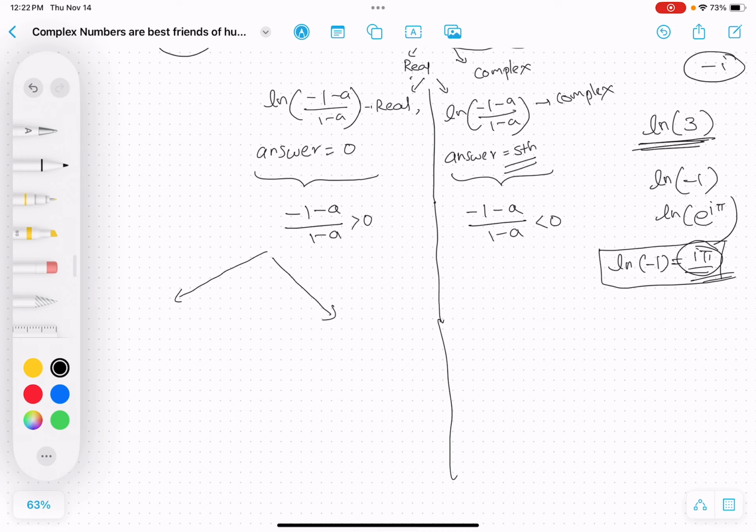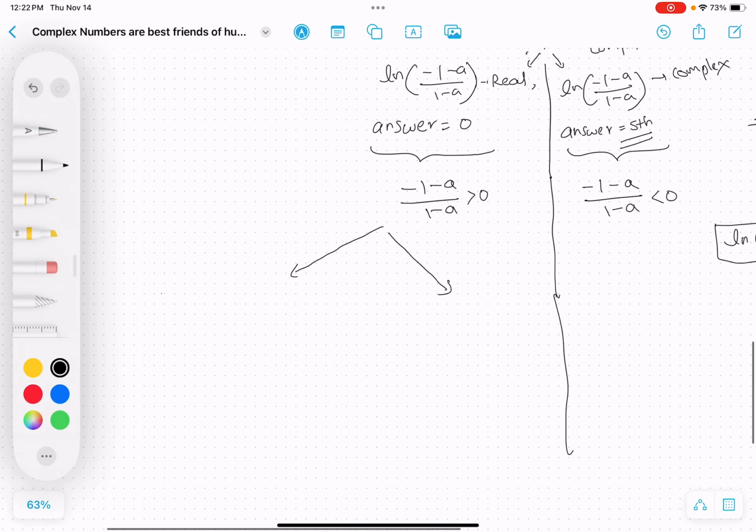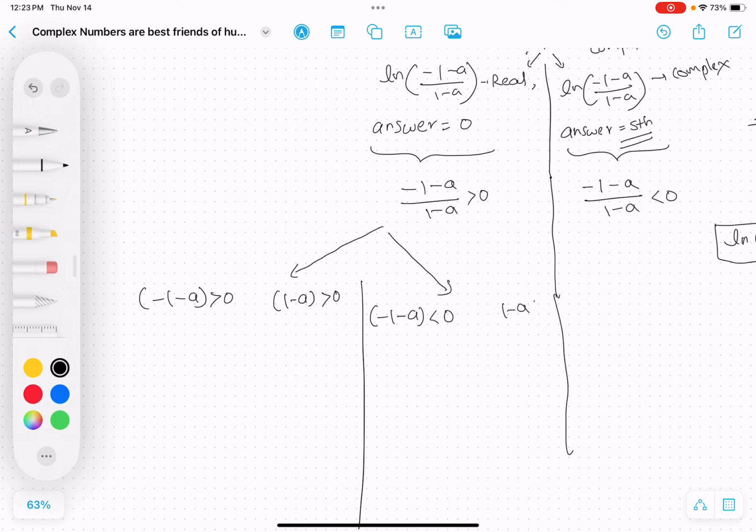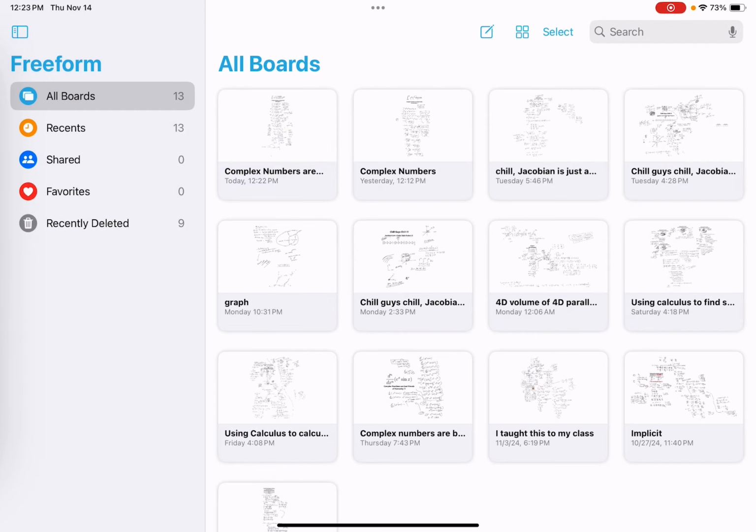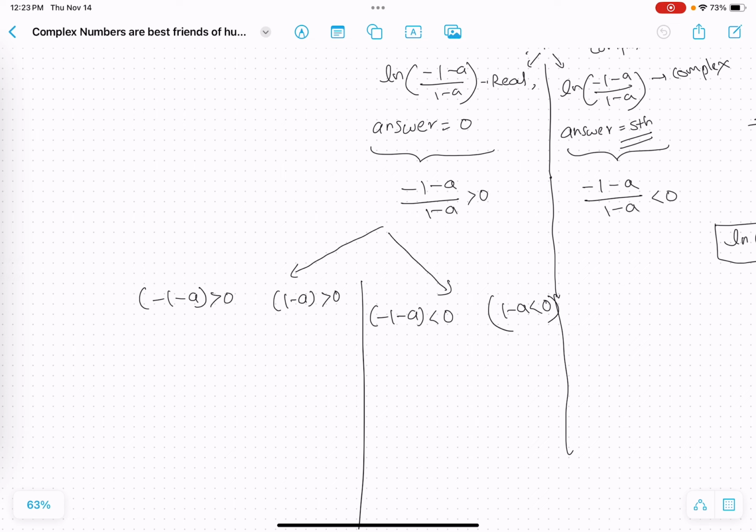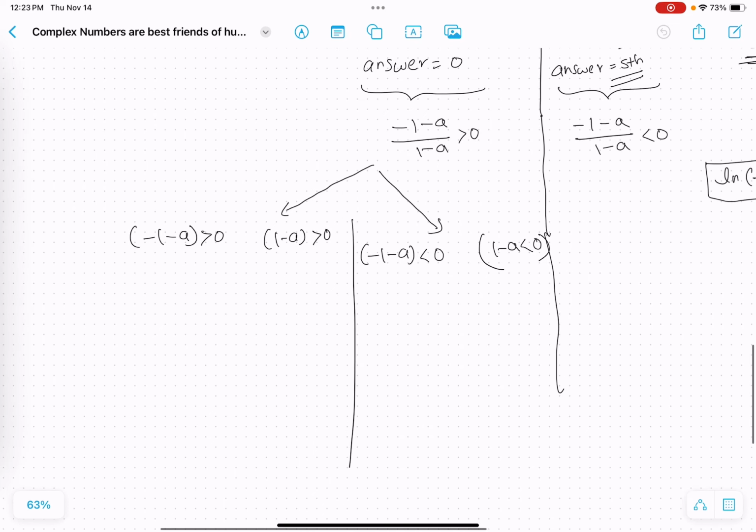In the first case, we can have both of these numbers positive. In that case, the entire fraction will be positive. The next case is both of these numbers being negative. In that case also the fraction will be positive. If both are negative or both are positive, then the fraction is going to be positive. Now let's try to solve for each case.